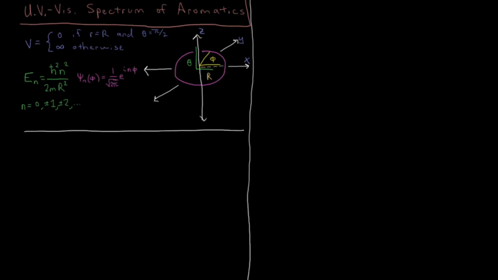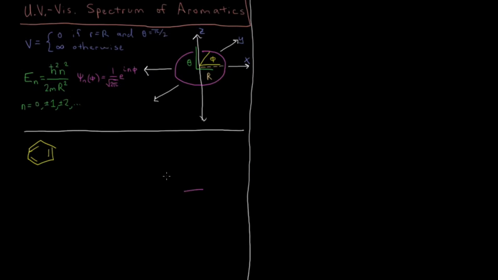So if we want to look at the UV-Vis spectra of something like benzene, let's say we have some benzene molecule there. Okay, so what are the quantities of interest that we need? Well, first of all, we need to look at what energy level transition we're going to be observing when we excite a particle from the highest occupied molecular orbital, the HOMO, to the lowest unoccupied molecular orbital, the LUMO.